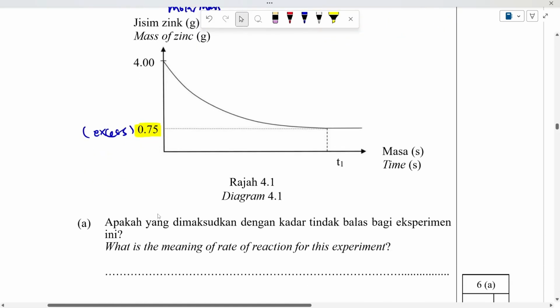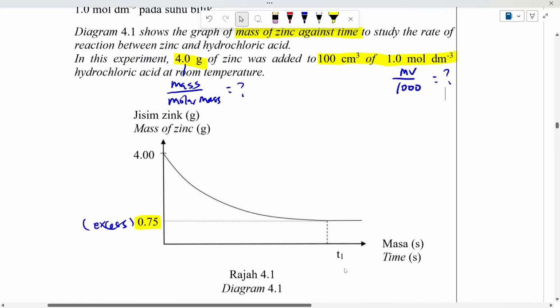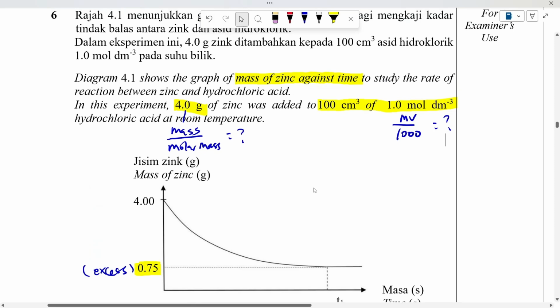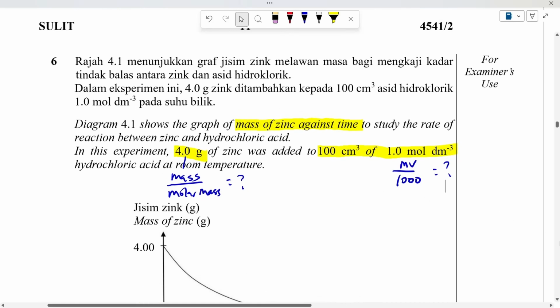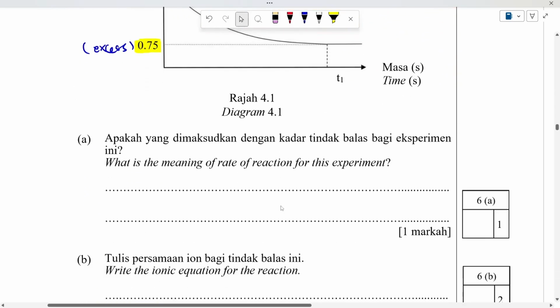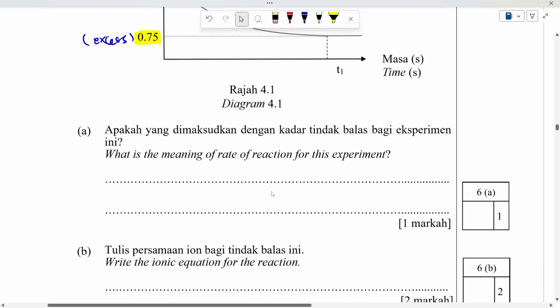Now, what is the meaning of rate of reaction in this experiment? So we have to refer to this experiment, not using the normal one. So how do we determine the rate of reaction based on this experiment? Yeah, change of mass, or decrease. It will decrease, right?